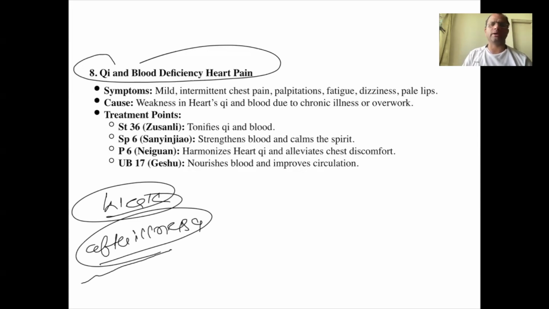This often happens after a long illness. So chronic illness or even overwork, the person is working a lot, not taking enough nourishment. So chi and blood deficiency will create this problem.